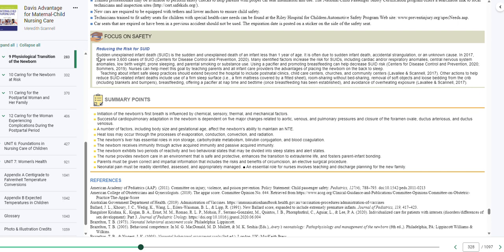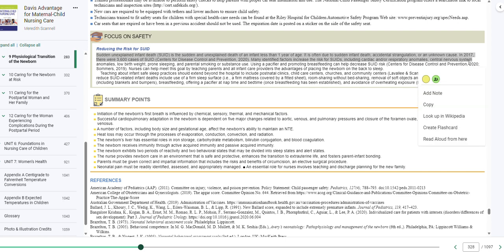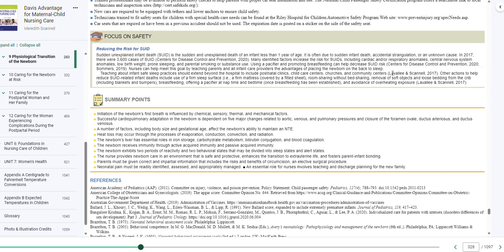Now, they can have tummy time during the day, but they do not need to sleep on their tummies because we are trying to decrease sudden infant death syndrome, okay? So, winking a lollipop. Nurses can help meet this goal by teaching the parents to place the newborn on their back to sleep. Okay? Also, another winking a lollipop.